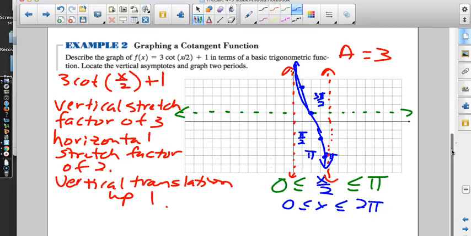3 pi over 2. But we need another period. So I definitely would go backwards on this one. 1, 2, 3, 4. So this would be my negative 2 pi. And this would be my negative pi.